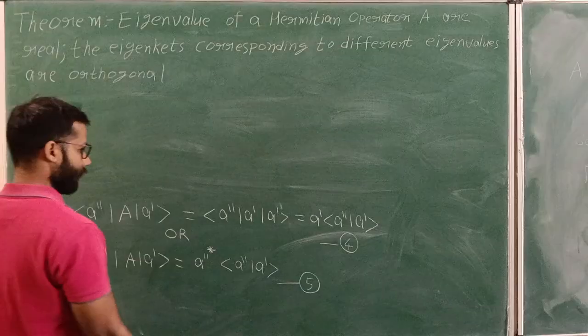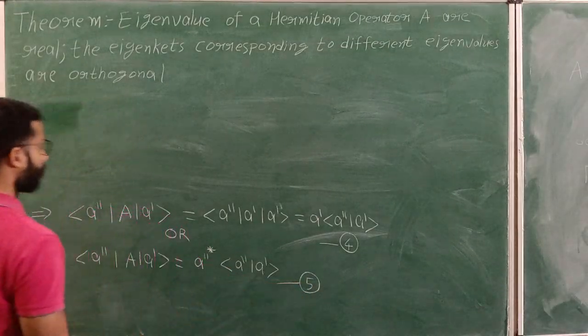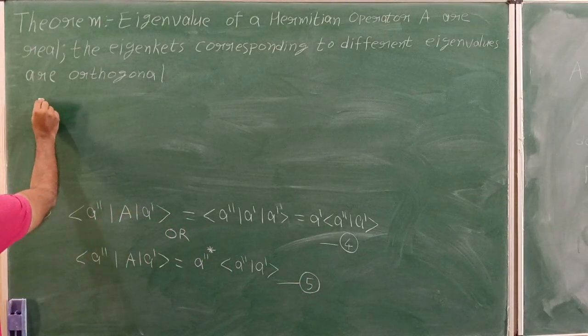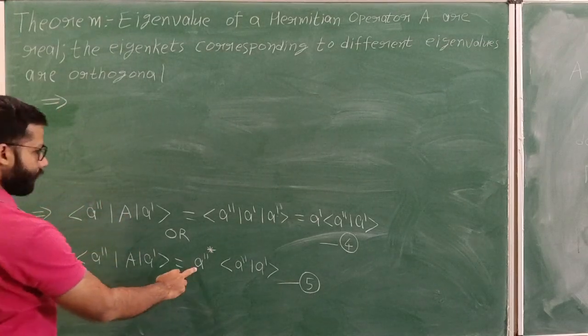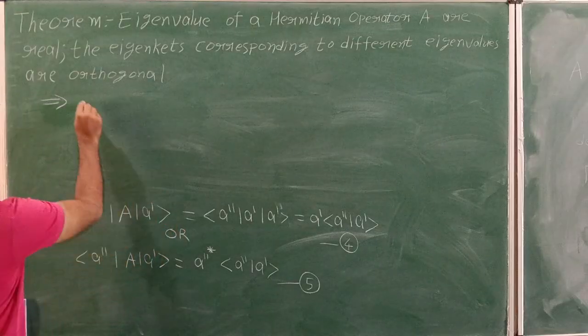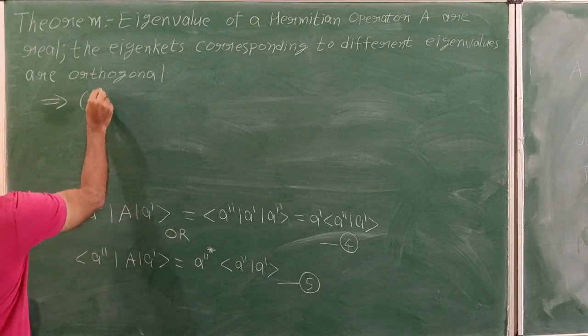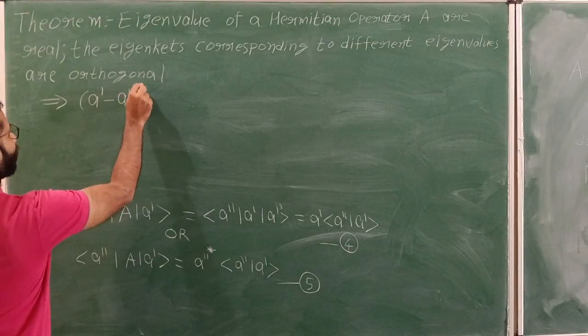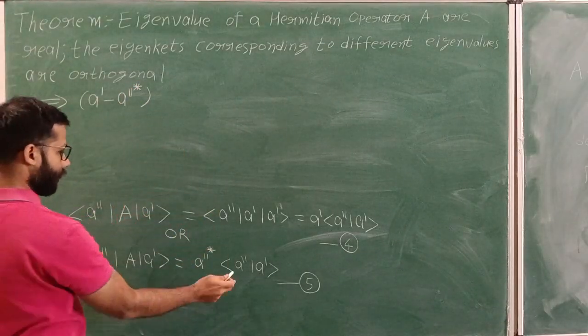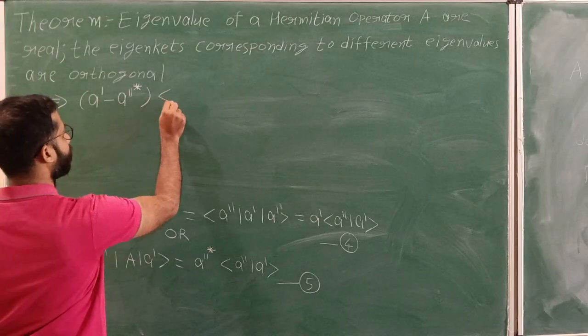So if I take the difference of these two equations, what will I have? This side is 0, this difference, two numbers, these two components.